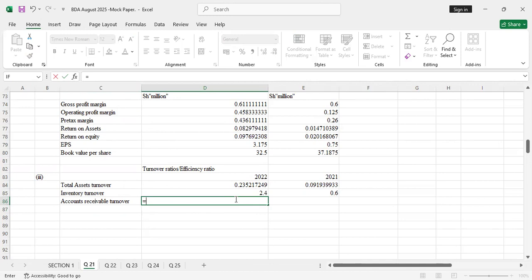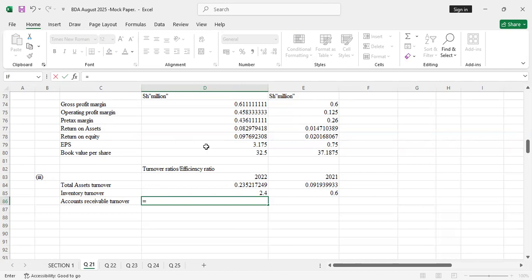The formula is the net credit sales divided by average accounts receivable. But you see, there were no credit sales; what we were given was revenue. So you take that revenue. If they say that 80% was credit sales, then you take 80% of the revenue amount given.